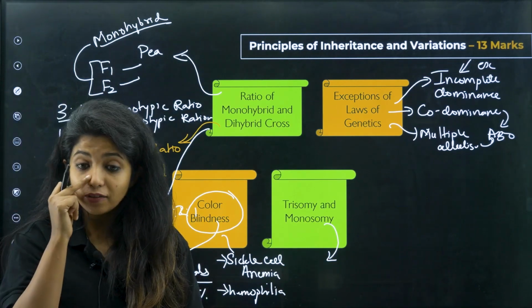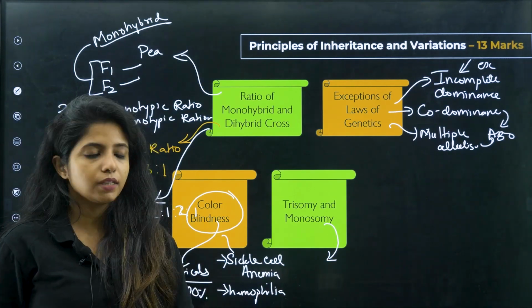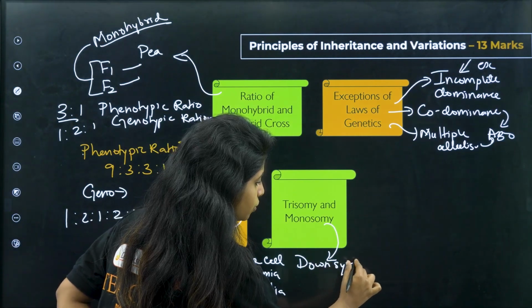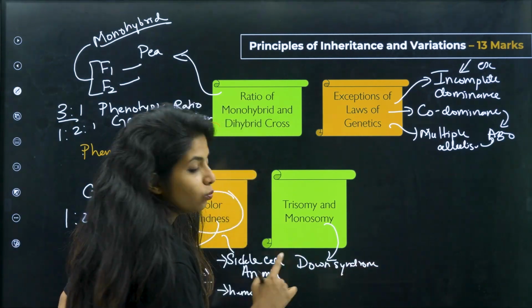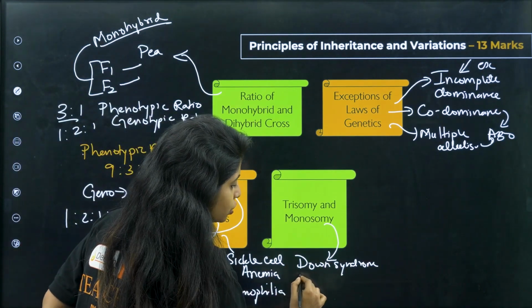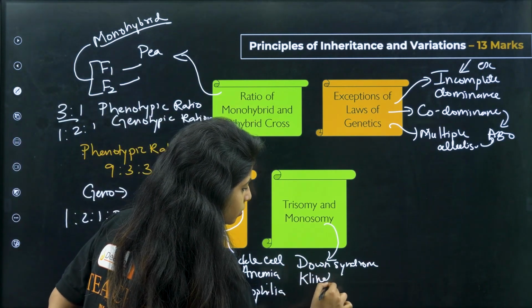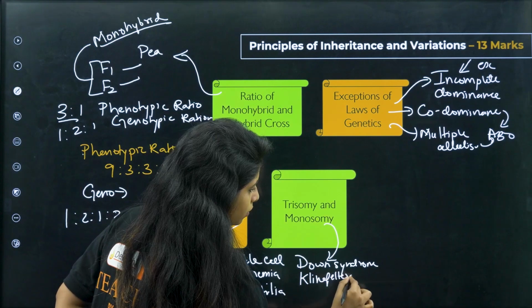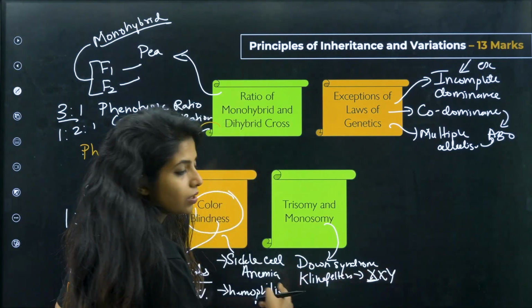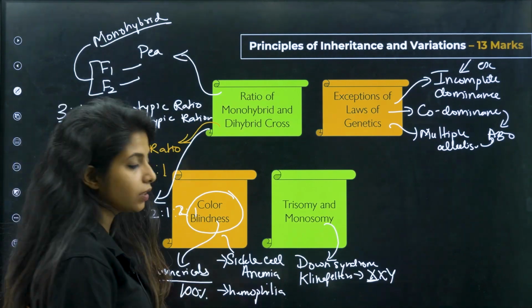Apart from that, you have trisomy and monosomy conditions, as in they'll ask you when does Down syndrome occur. Down syndrome happens when you have one extra 21st chromosome. So this is an example of 21st trisomy. Then they'll ask you what happens in Klinefelter's syndrome. This is the XXY condition. There is one extra X chromosome, so the number of chromosomes altogether will be different.